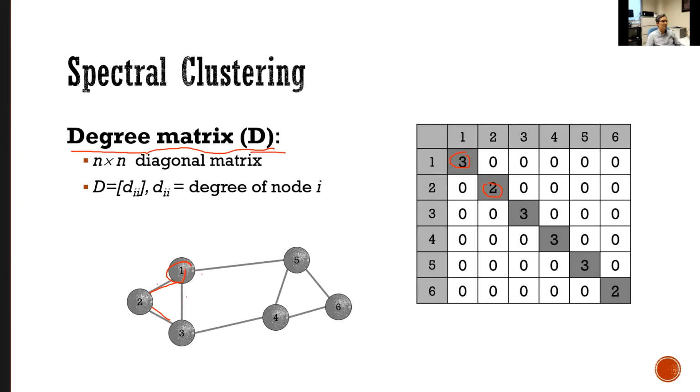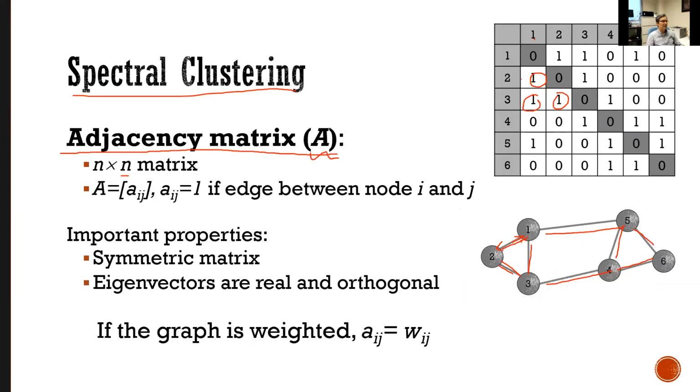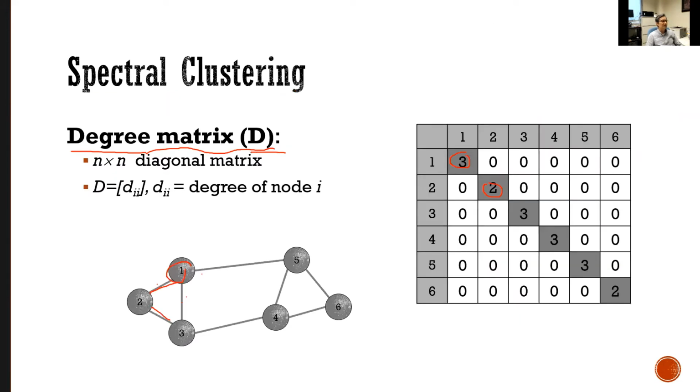All you have to do is sum all the columns of the adjacency matrix. For example, this is 3, this 2, this 3, this 3, this 3, this 2, and you put these degrees into the diagonal positions. Then you have a degree matrix.